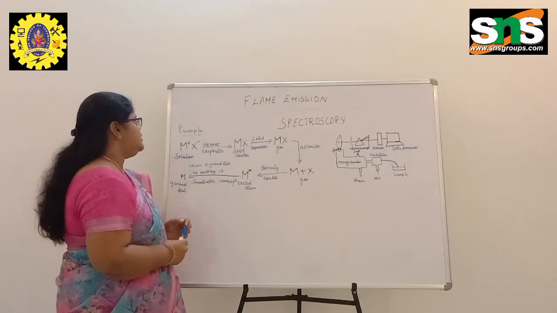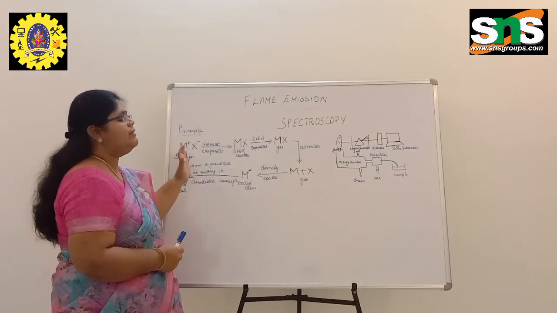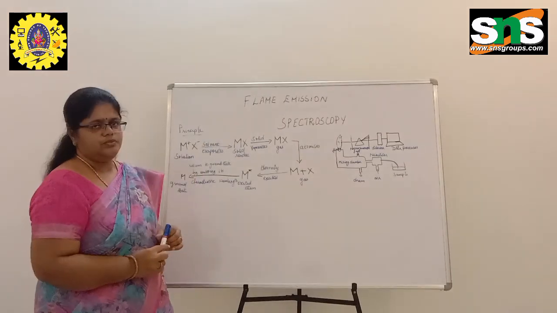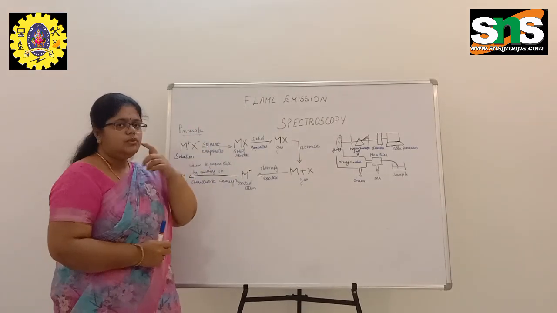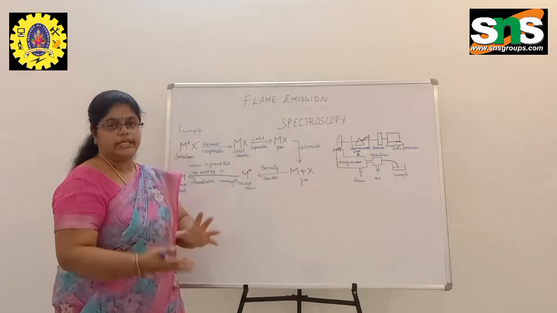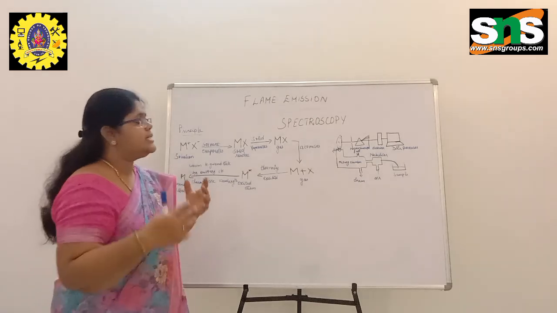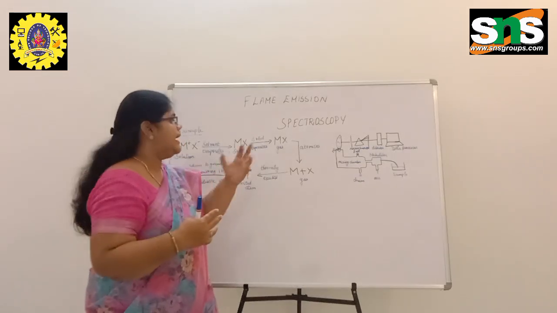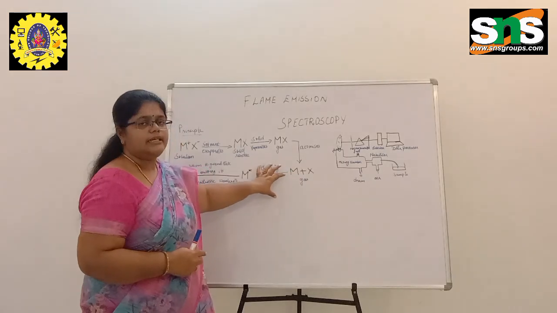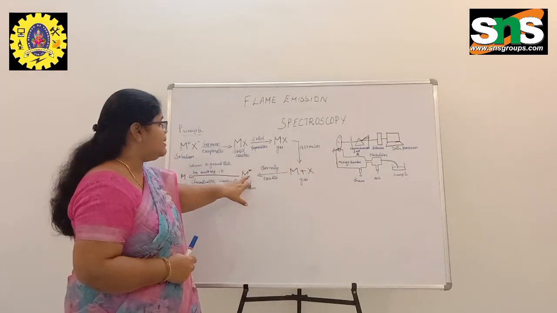Okay, the first is the solution. In the metal solution, the solvent evaporates and you get the solid residue. The solid residue vaporizes and is converted into gaseous form. The gaseous form gets thermally excited and it atomizes, and the atomized atom, that is the metal atom alone, gets thermally excited.